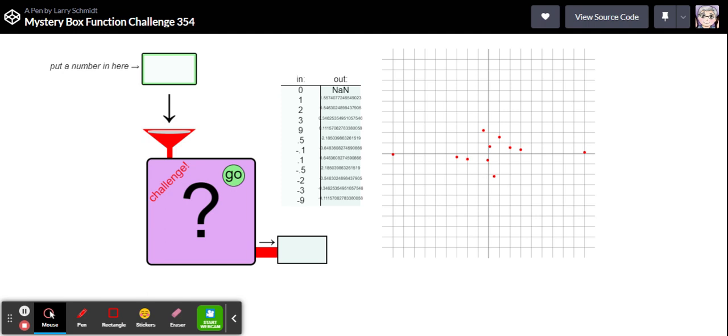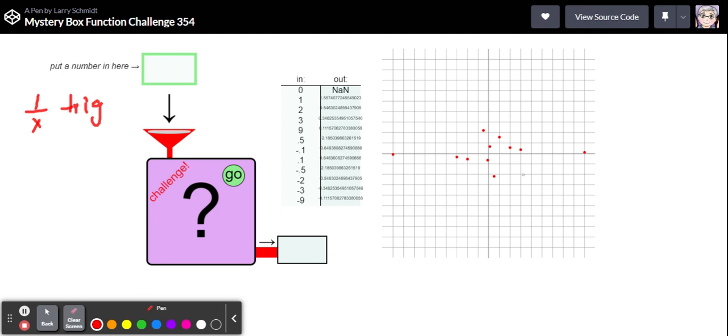So I'm thinking two things here. I'm thinking rational function, first of all, partly because of the shape of those arms. And then I'm also thinking now, not square root, but maybe trig, because of the non-repeating decimals, that's something that does pop up with trig. And then we get the up and down and the up and down. So I think we've seen something sort of similar to this before.